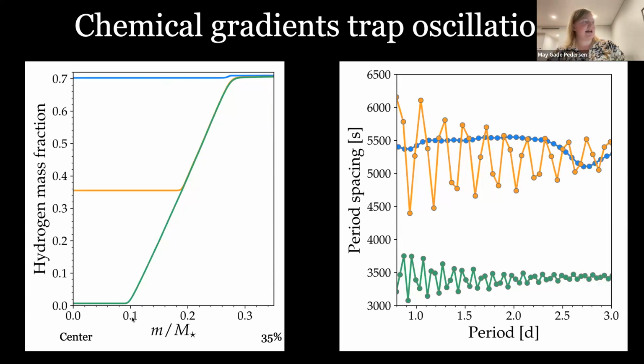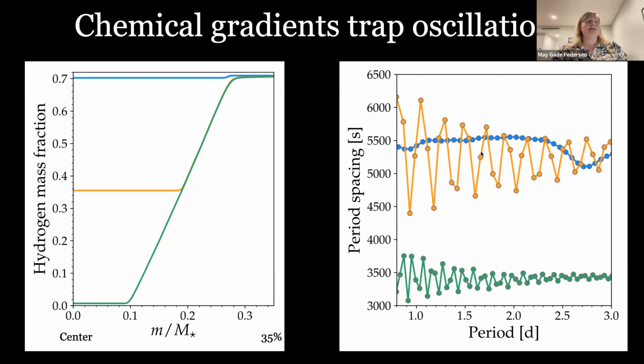Each one of these profiles corresponds to 3 different main sequence evolutionary stages, where blue is near the zero-age main sequence, orange is near the middle of the main sequence, and green is towards the end of the main sequence evolution. Correspondingly, on the right, I'm showing you what the period spacing pattern looks like and how it changes at each one of these 3 different main sequence evolutionary stages.